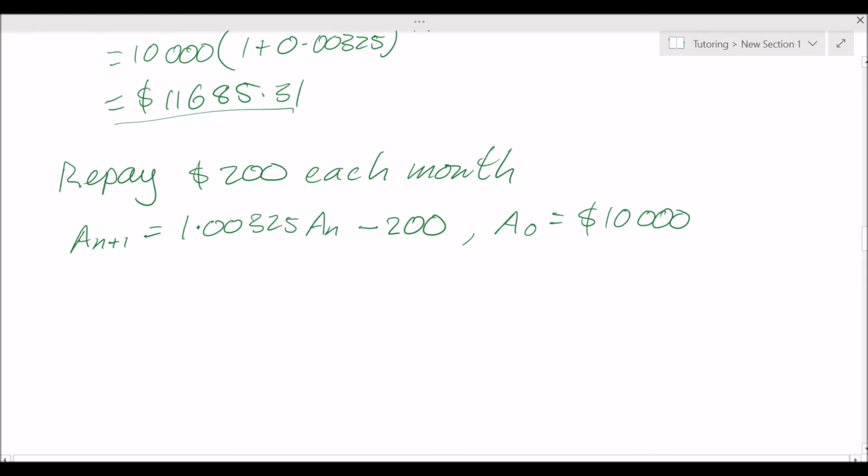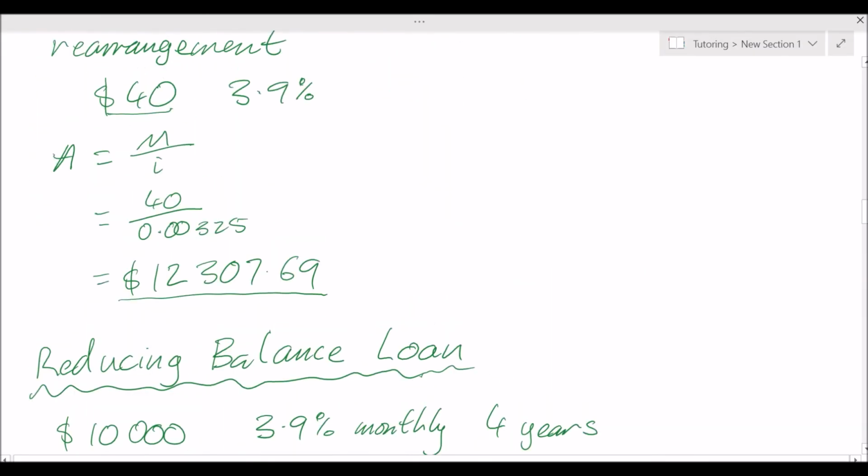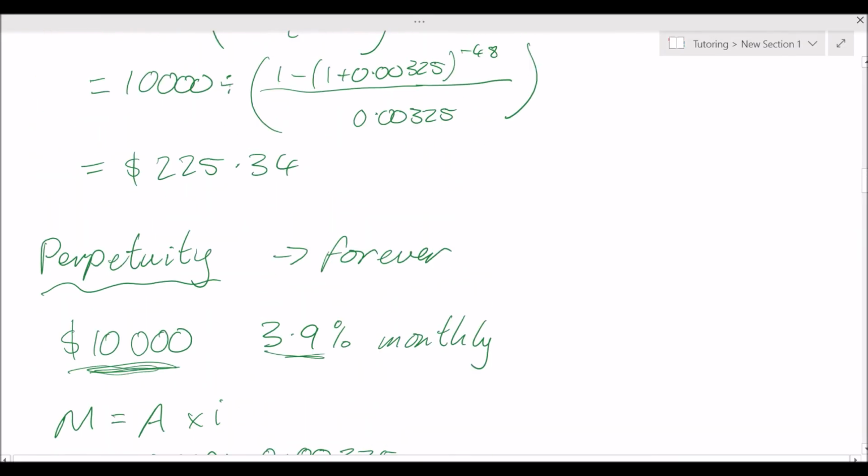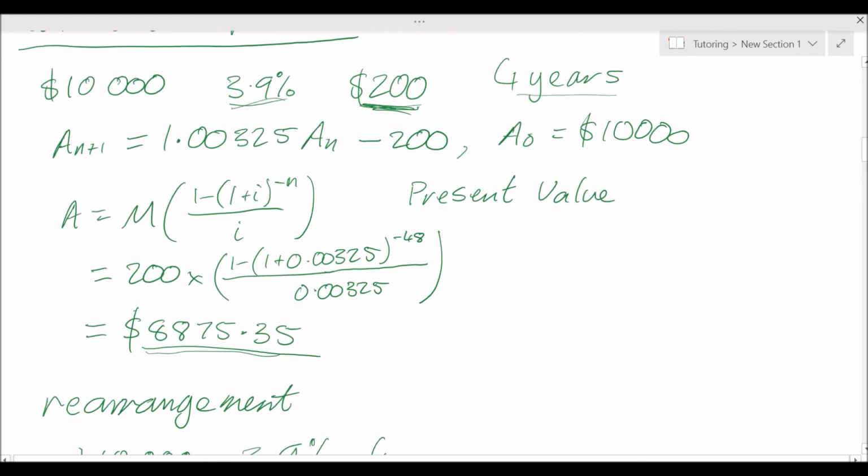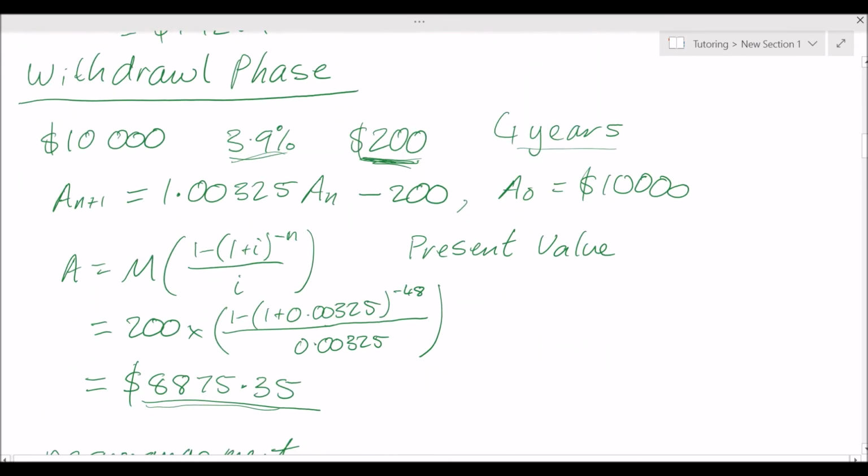So the keen-eyed amongst you might have noticed that this is exactly the same recursion relation that I wrote for the previous section up here in the withdrawal phase, okay? See how it's exactly the same. And that's because it works exactly the same way.